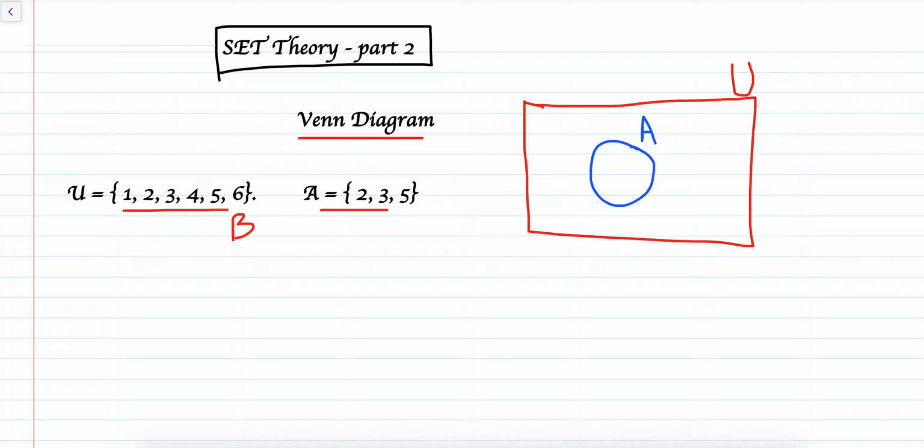Now we will also represent the elements of the set. So first we will write down the elements. A has 2, 3 and 5.